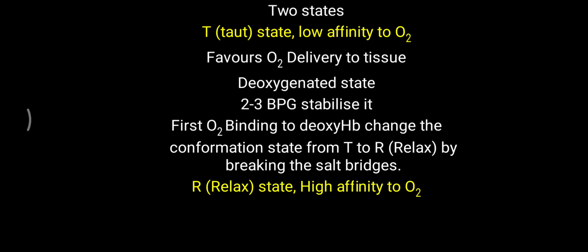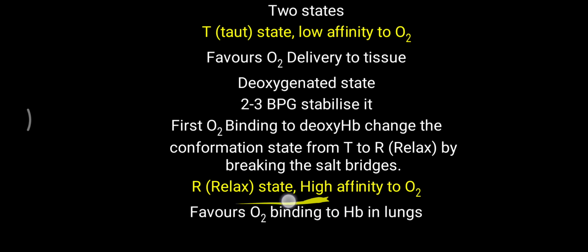Further, this R state or relaxed state of hemoglobin has a high affinity to oxygen, and that favors oxygen binding to the hemoglobin, particularly in the lungs. So in the lungs, in the presence of oxygen, this R state hemoglobin with high affinity to oxygen is generated, and when this hemoglobin reaches the tissue, the R state is converted into the T state, releasing the oxygen, and that is called the conformational change of hemoglobin.